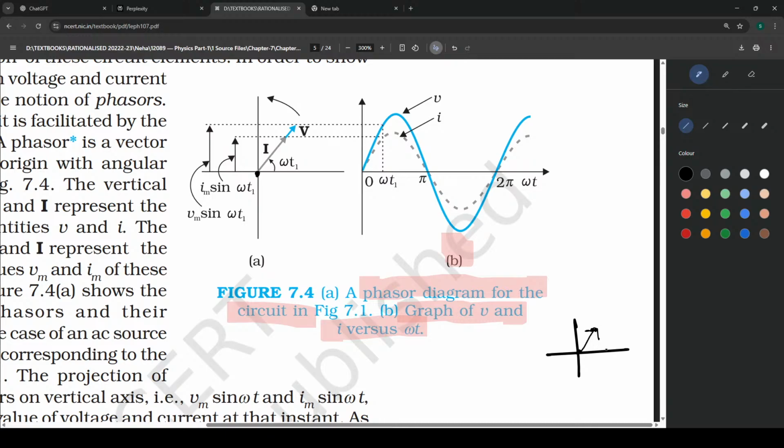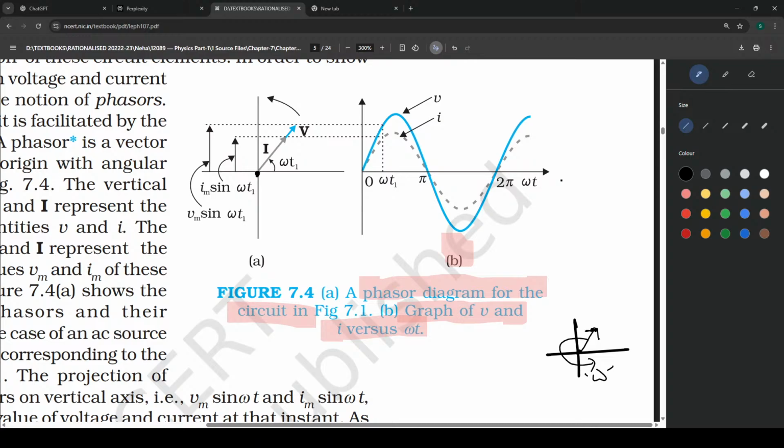But if this position vector is rotating with an angular velocity omega, then a vector similar to a position vector rotating with angular velocity omega is called a phasor.